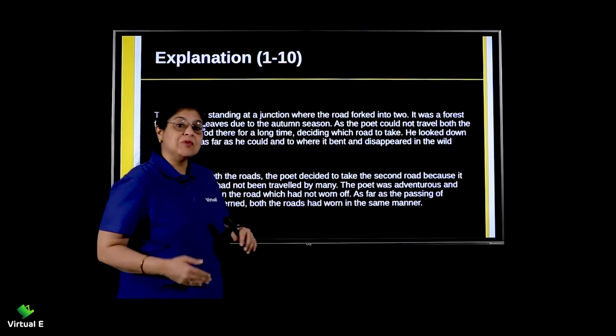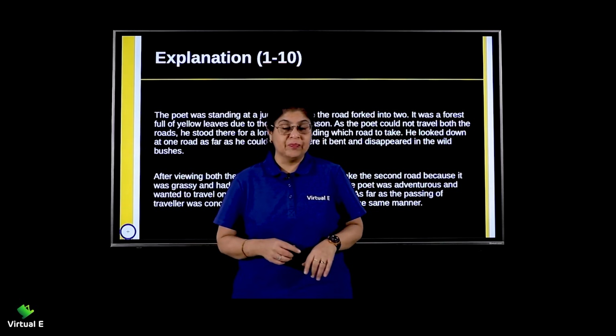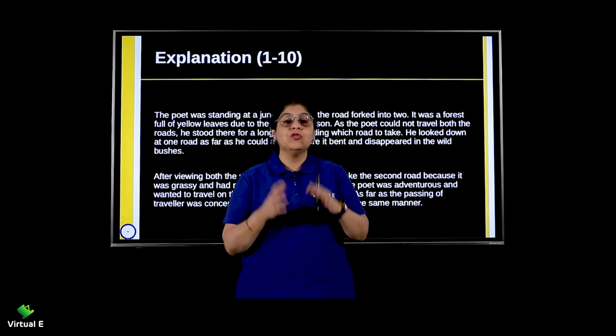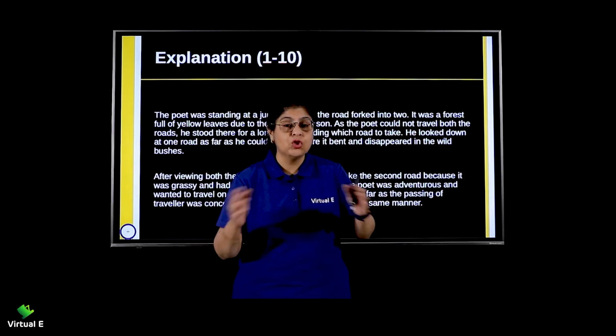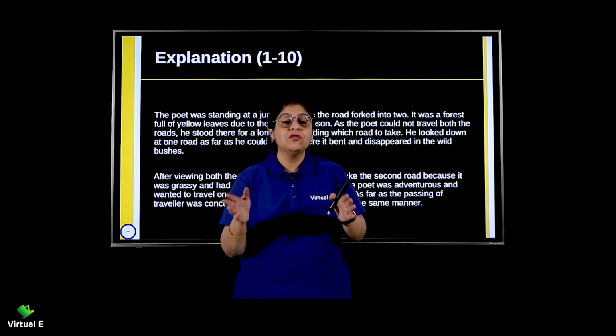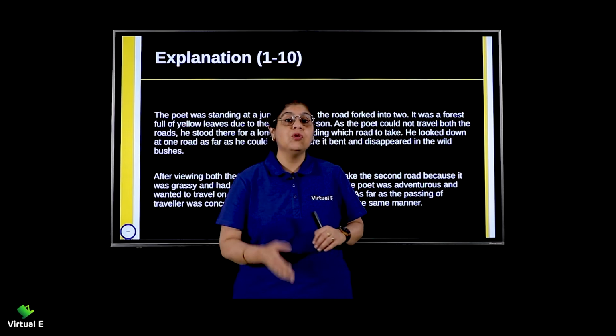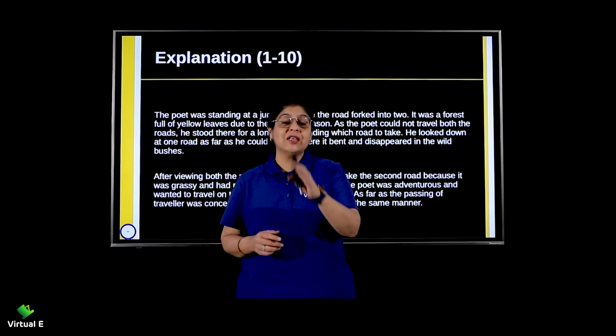But what is the abstract meaning connected to the poem? What is the poem actually trying to tell you? Here the poem is talking about your life and the two choices. Now you are in a situation where you have two alternatives, you have two options, and you have to know which option is best for you.